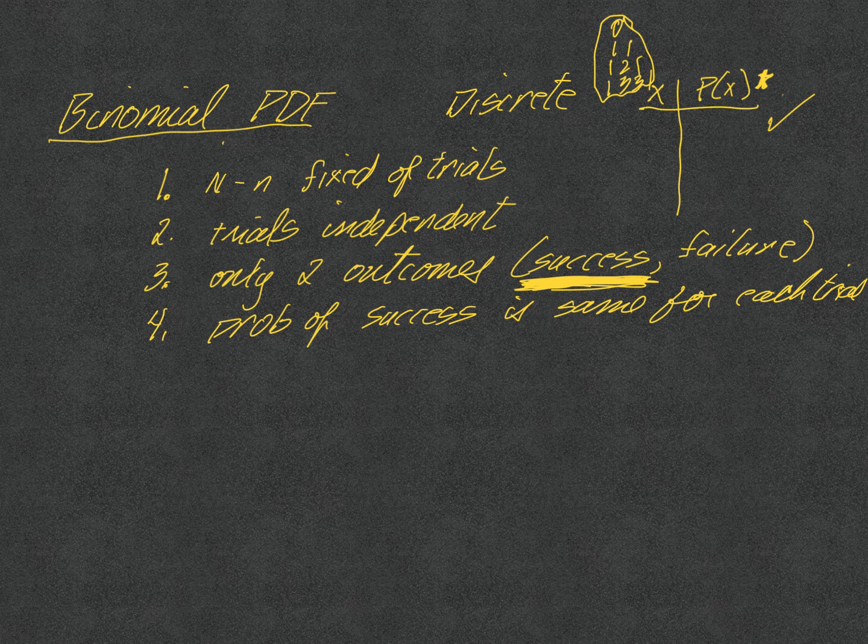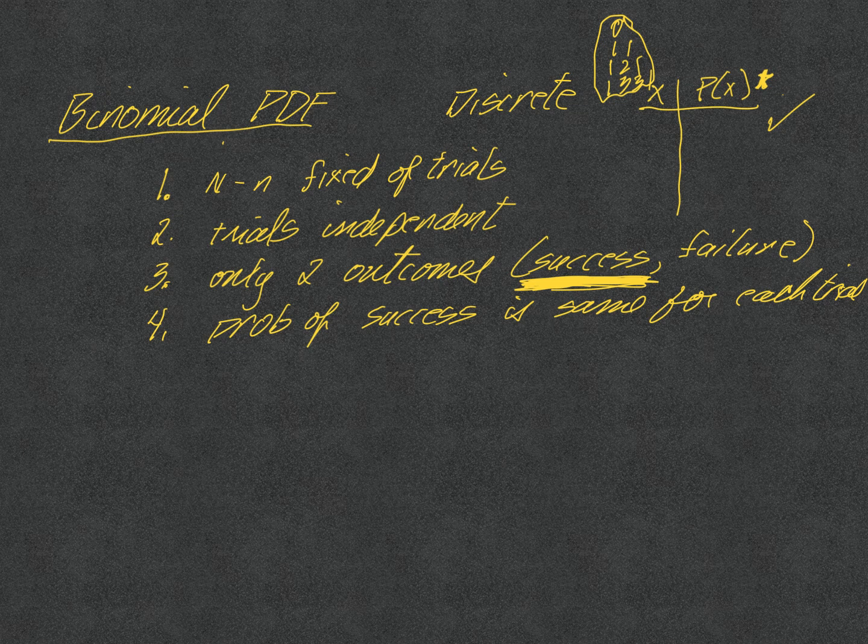Okay? If you're flipping a coin, the probability of getting a heads success is 50%, right? On every flip of the coin. It's always 50%. Okay? So you have to keep these things in mind.